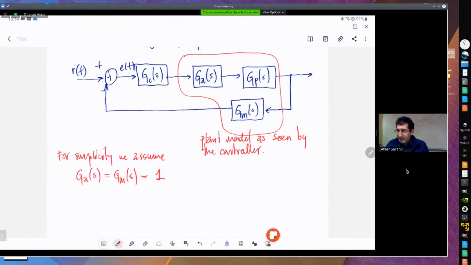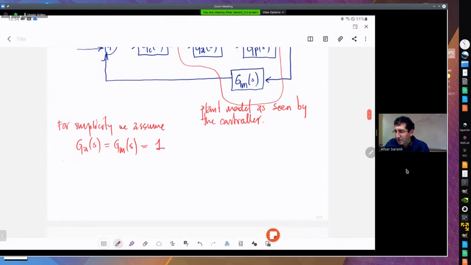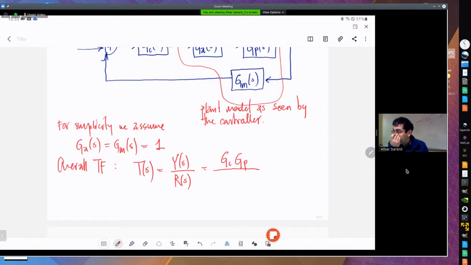Okay, now what is the overall transfer function of this system? Overall TF. We know how to derive that. Okay, let's call this T of S. This is the output over the reference R of S, and that is given by simply GC GP over 1 plus GC GP. I am dropping S dependence, but it's inherently there.